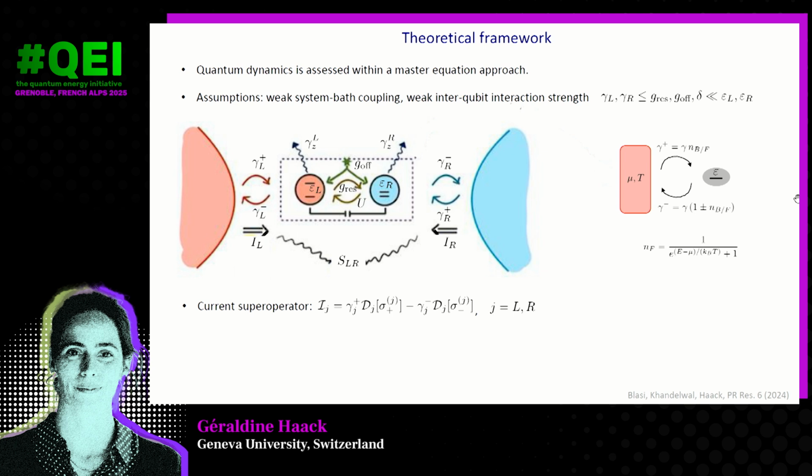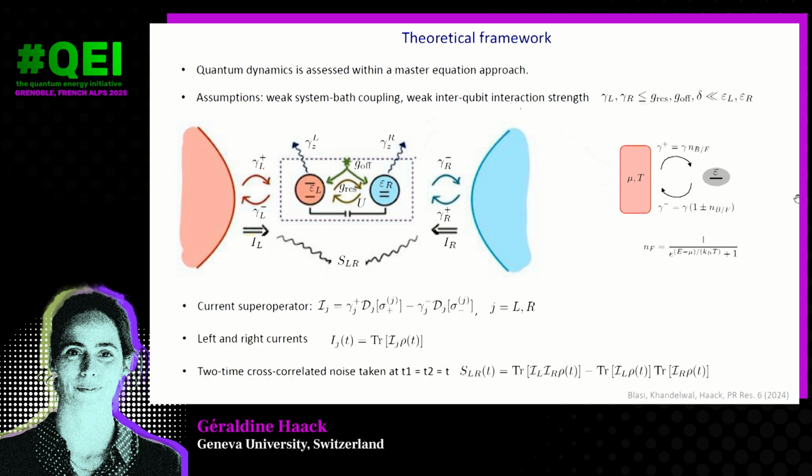Okay, so you can define a current superoperator, and then the right and left currents are simply given by the average of this superoperator with respect to the density operator of the two qubits. And for the noise, in general, if you take a correlation function between two quantities, it depends on two times, T1, T2.